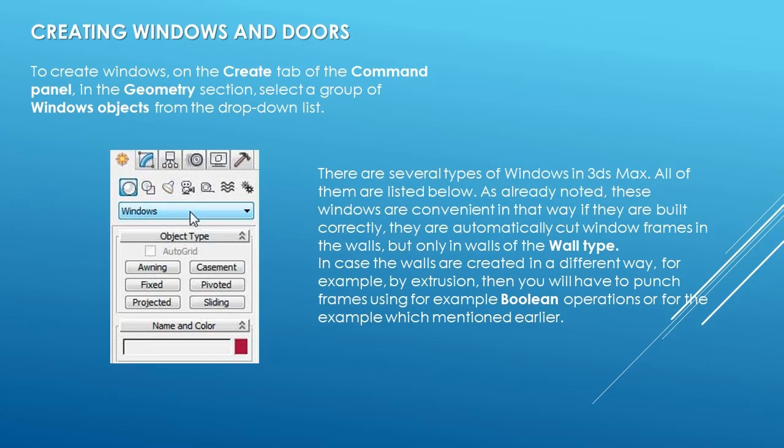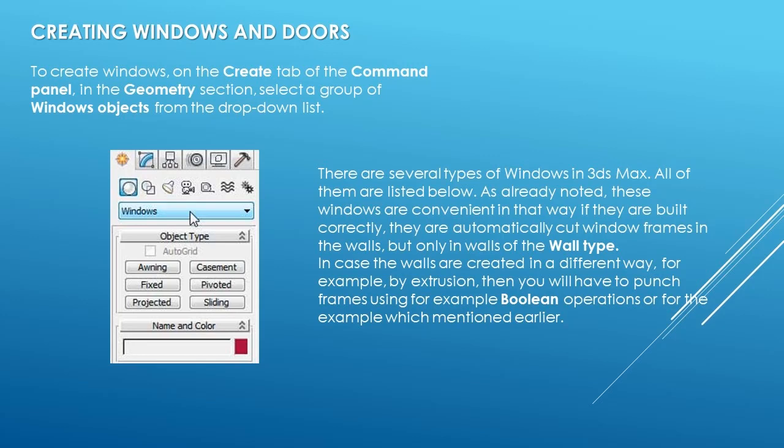As already noted, these windows are convenient if they are built correctly. They automatically cut window frames in the walls, but only in walls of the Wall type.